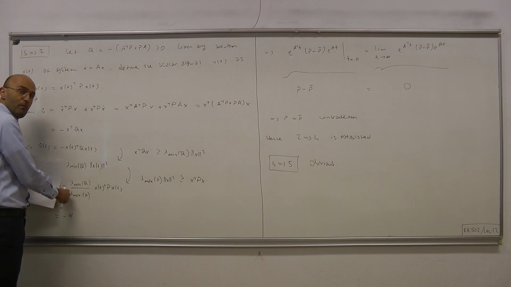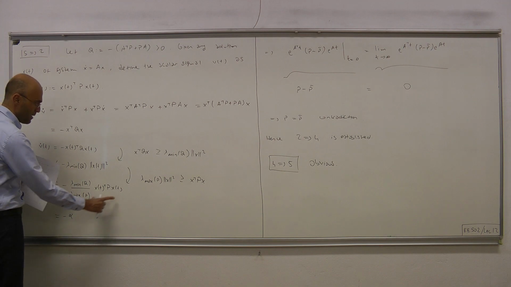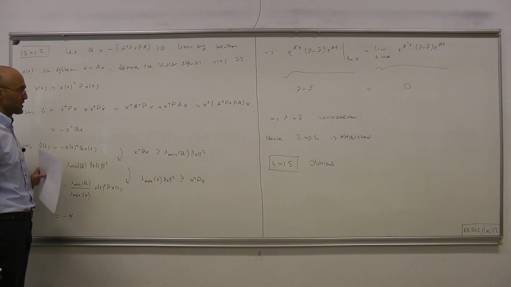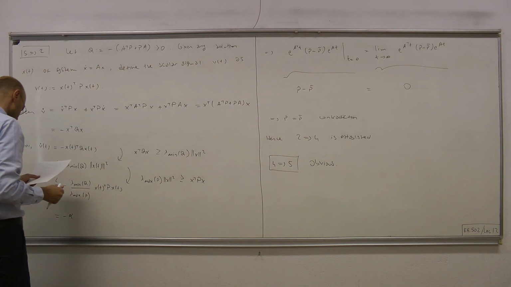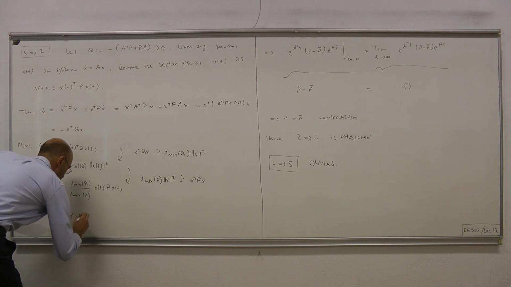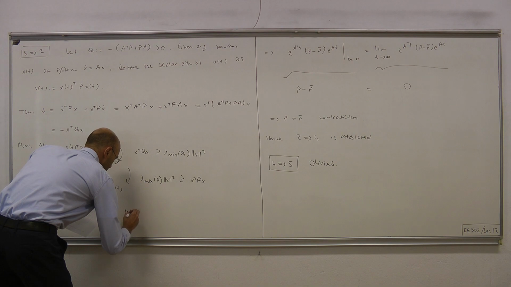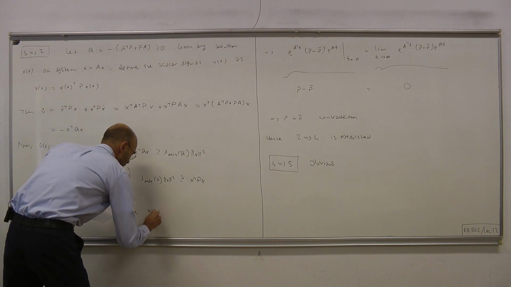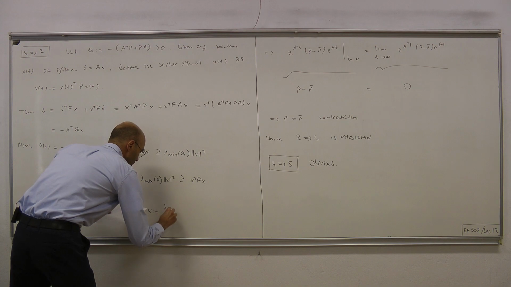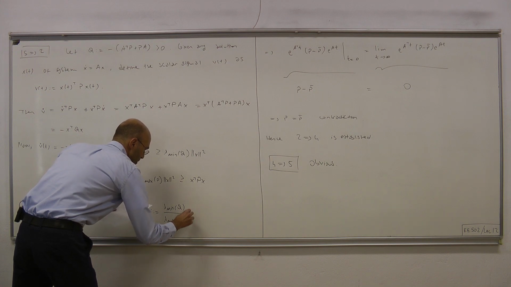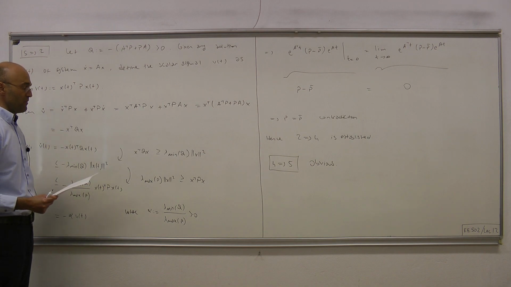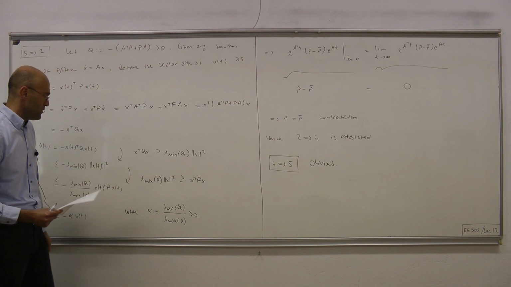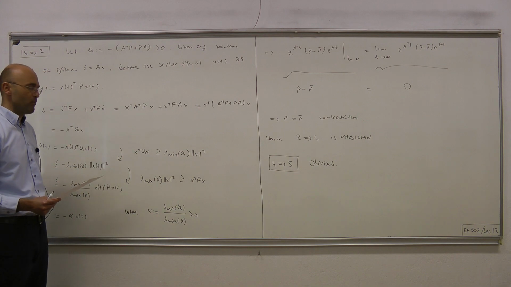We have a minus sign in front, so we have minus alpha times x transpose Px, and x transpose Px is no other than our scalar signal v of t, where we defined alpha as lambda min Q over lambda max P. Since both numbers are positive, because P and Q are positive definite matrices, this alpha could be something small, but nevertheless it must be positive.